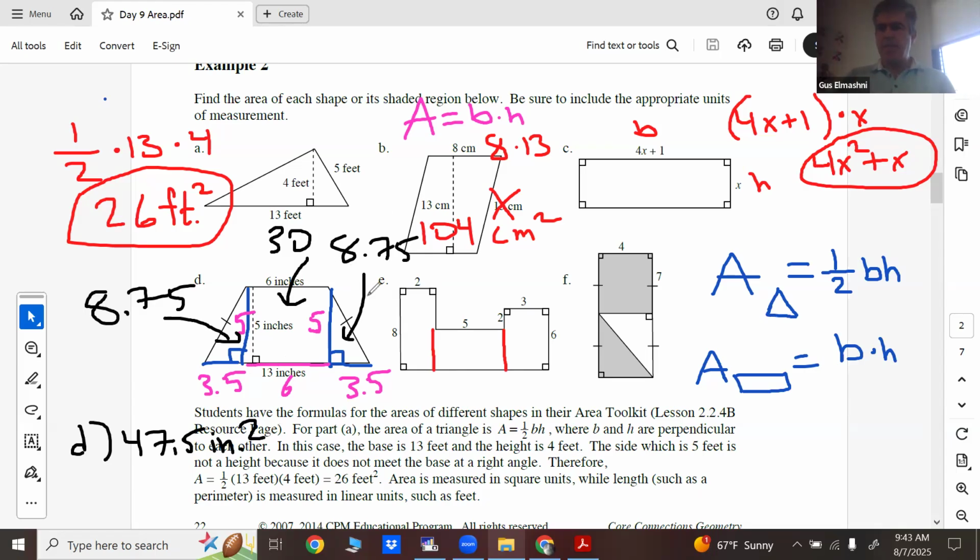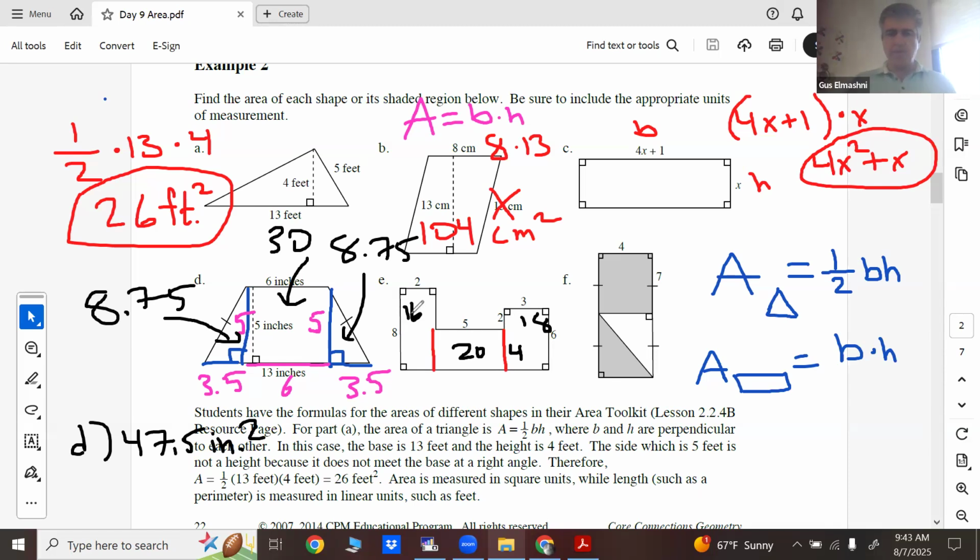How about E? Do you have an answer for E? Yeah, you get 20 in the middle, 18 off to the right, and 16 over here, I think. Because the height of the middle rectangle is 4 and the base is 5.